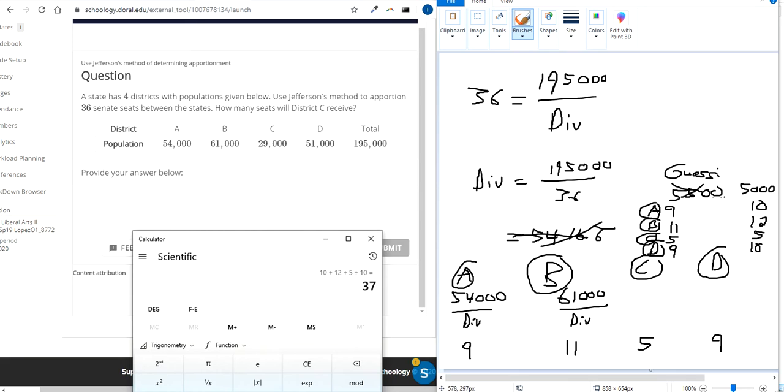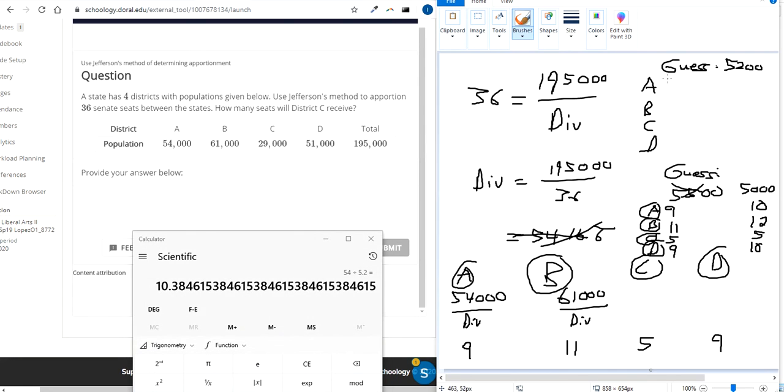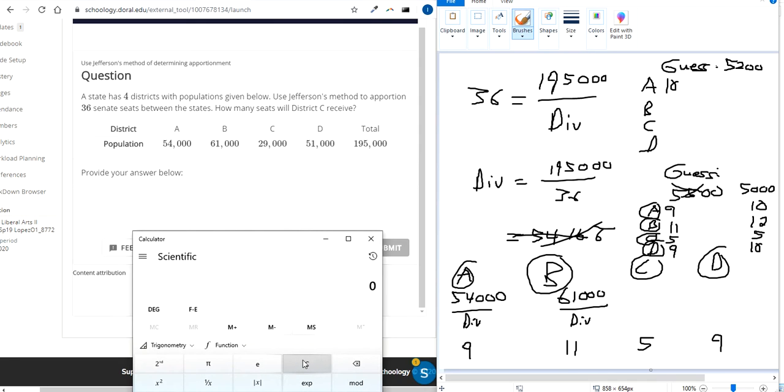So we know it's somewhere between 5,000 and 5,416. You just have to keep doing that guess and check method. Guess a new divisor, 5,200. Let's see how many senators we have in Group A. I'm going to just do 54 divided by 5.2 to save myself some typing. So we got 10 for Group A, 11 for Group B, still on the same track as the last one.